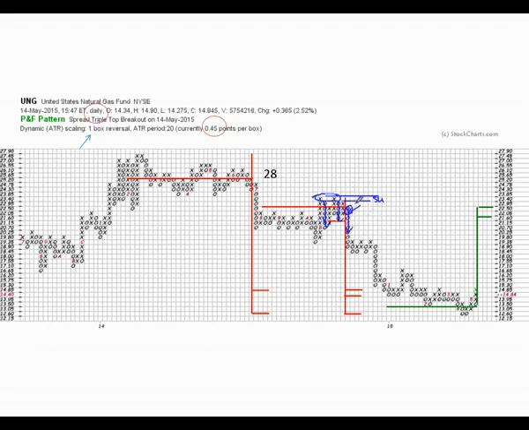So I personally always look for evidence of supply, because this is where people either start selling or start buying, and this is where the composite operator operates. So if the price were to come back here, then we are most likely completely wrong in our analysis, or we are just completely wrong in our timing for the point of entry.